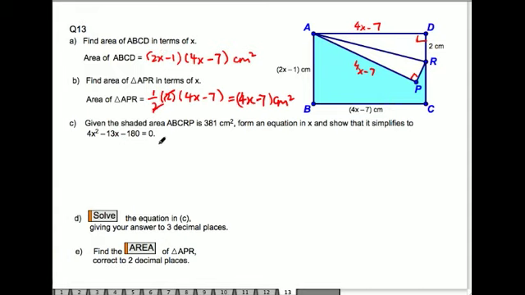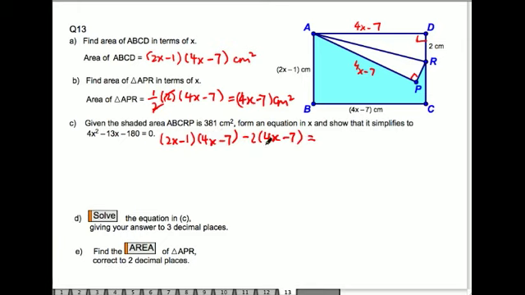The area of the rectangle is 2x minus 1 times 4x minus 7, and this area of rectangle minus two triangles. One triangle is 4x minus 7, so two triangles is 2 times 4x minus 7, and this gives us the shaded area.